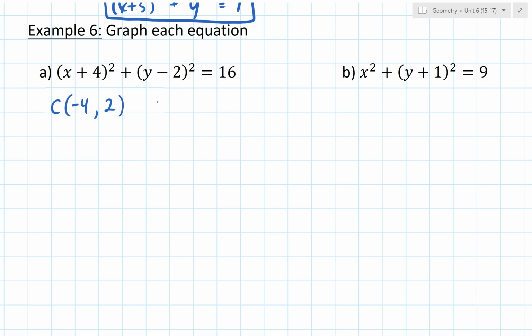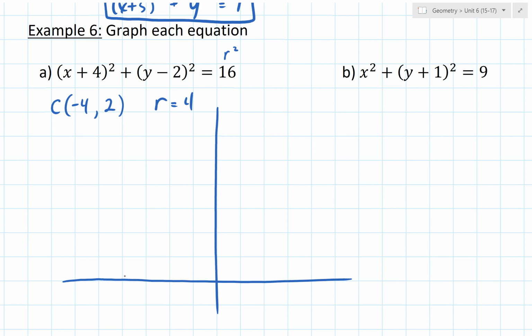And what is our radius, Melvin? 16. That's the radius squared, is 16. So what's the radius? 4. Yeah, that's right. Radius is 4. Good. And so now we go to (−4, 2). So (−4, 2) is here, and it's going to go 4 to the right, 4 up, 4 to the left, and 4 down. And so we can sketch that circle.